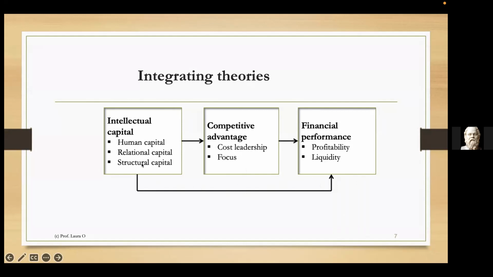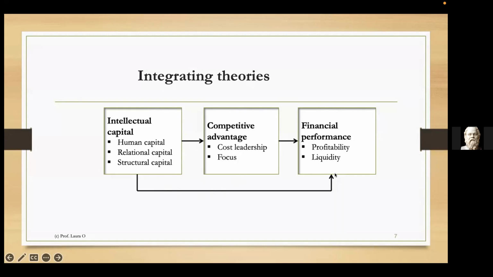So here the researcher will be saying that if he or she looked at only the perspective of intellectual capital, he misses out on providing insights on the competitive advantage, okay? So by incorporating the competitive advantage, you get a better explanation for financial performance.